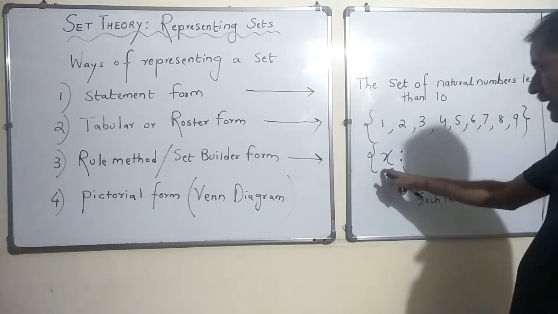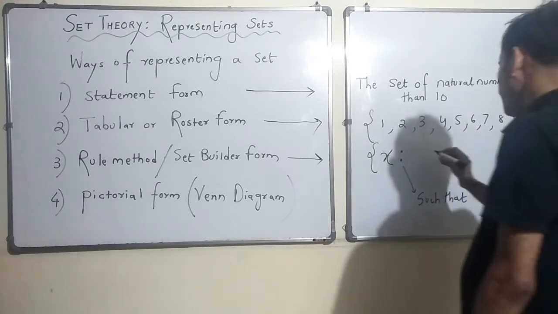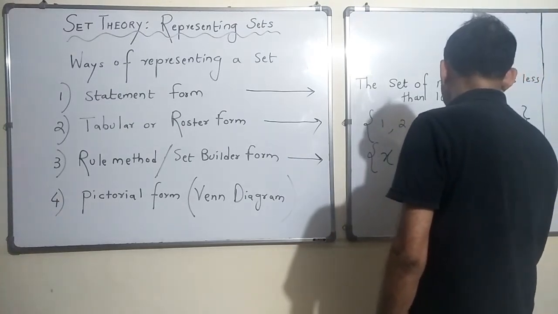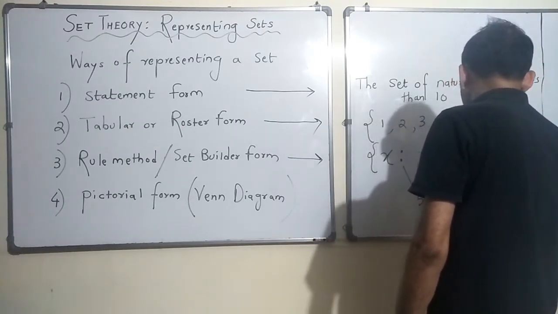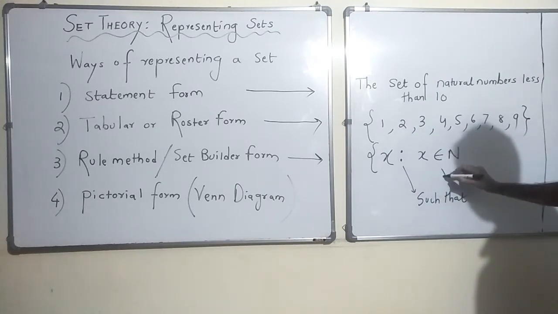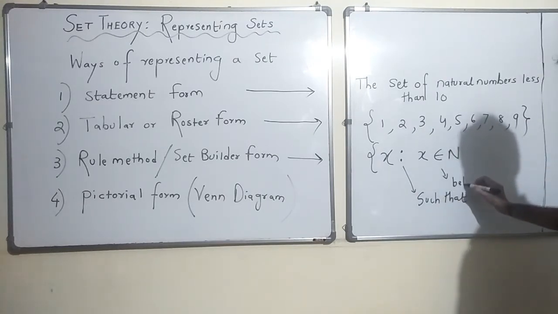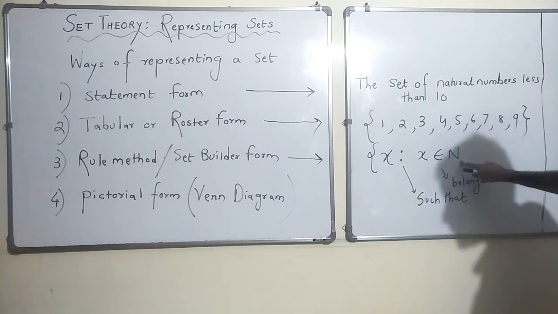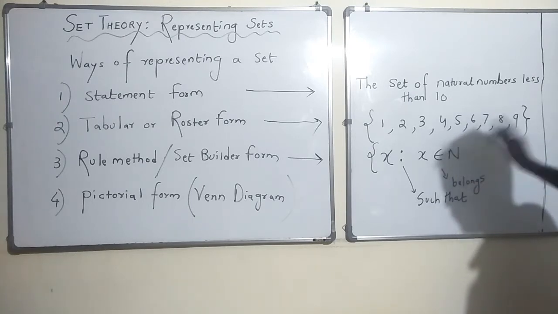So a set of x such that x belongs to natural number, this is belongs, okay. A set of natural numbers is denoted by capital letter N, okay.